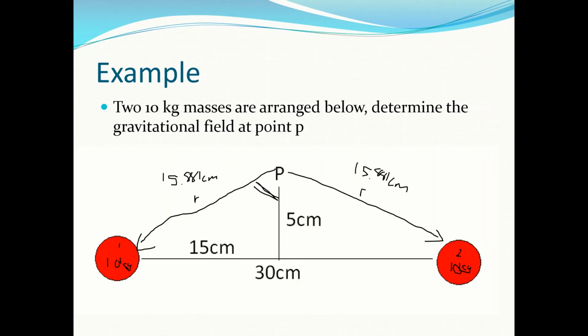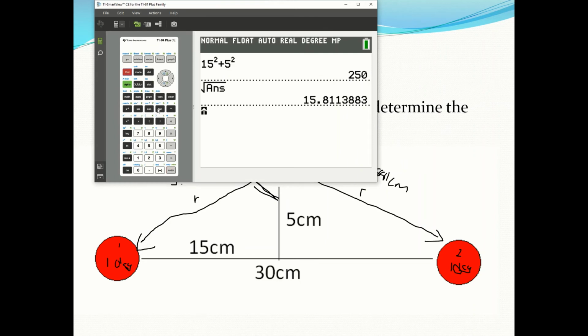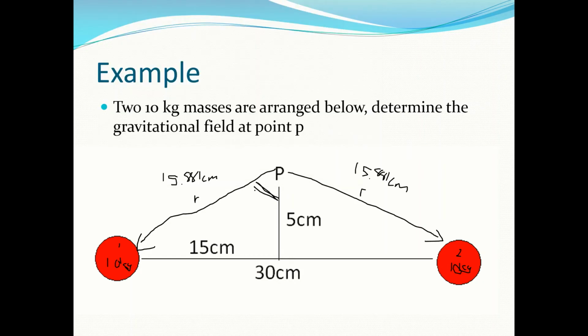So if I go tan^-1 of opposite over adjacent, so 15 over 5, I end up getting 71.565, and this is 71.565 degrees. Okay, so I need those to start to do the question.